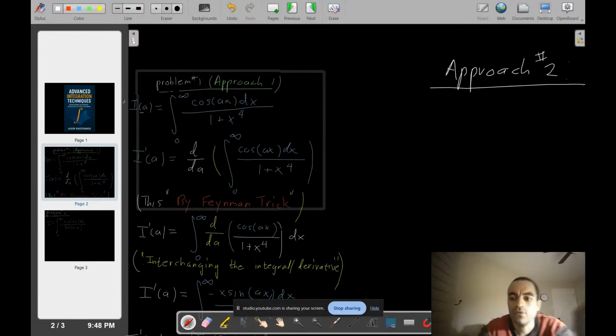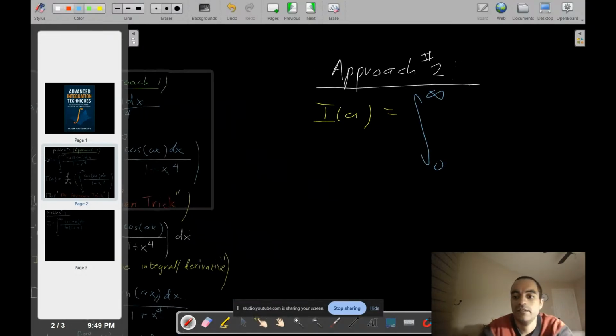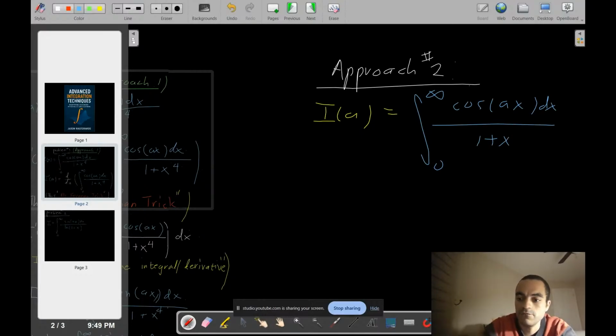So again, our integral was this: I as a function of a is equal to the integral from 0 to infinity of cosine of ax dx divided by 1 plus x to the 4.